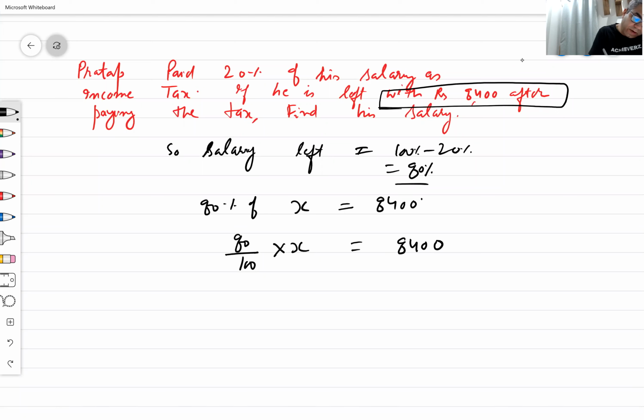You can now calculate 8,400 into 100 over 80. So this will be your answer. All right. That will be 10,500 rupees.